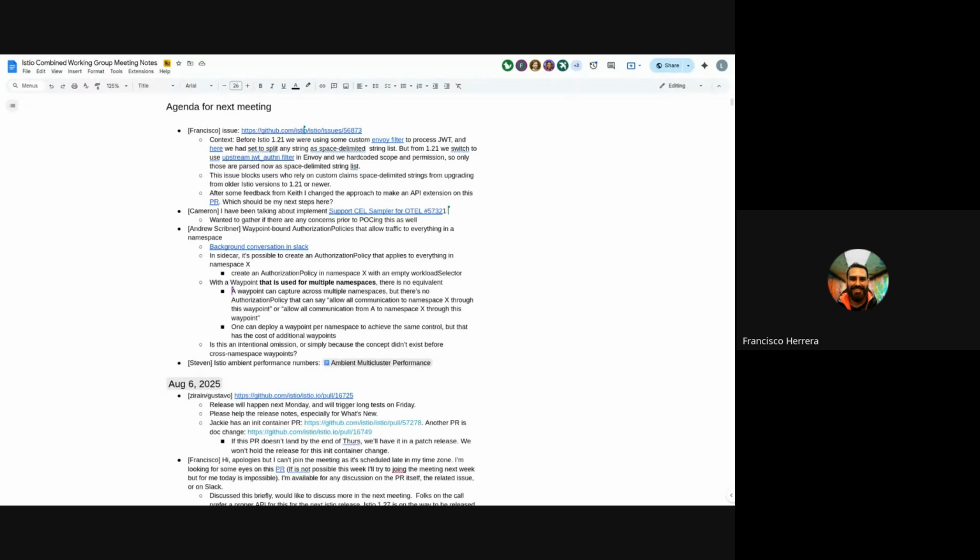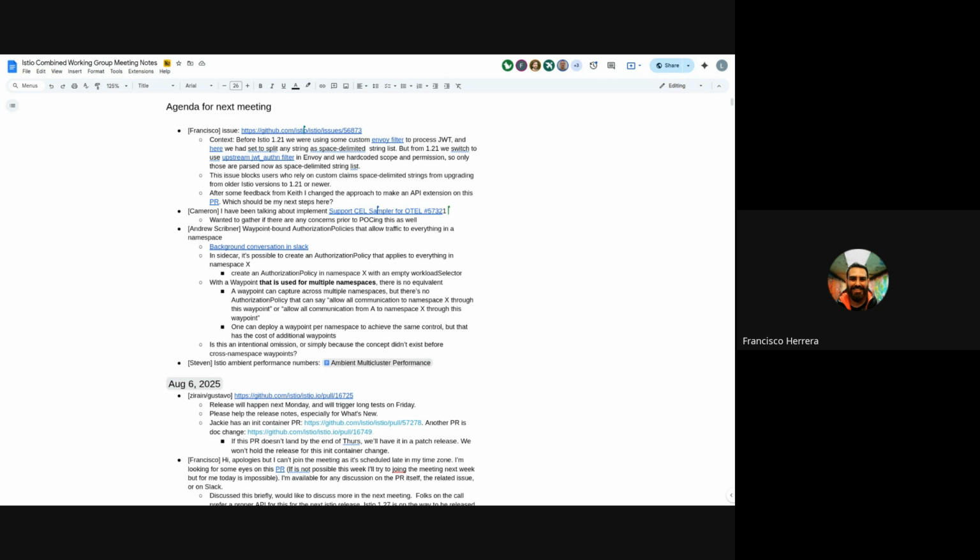This is something that is affecting people using versions previous to 1.21 of Istio, and it is basically a change of behavior, because before it was splitting all the string lists inside any scope field, and now it's only hard coding for scope and permissions.